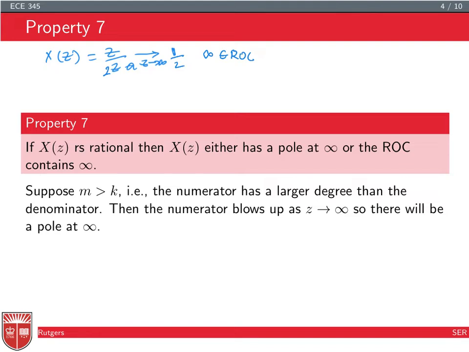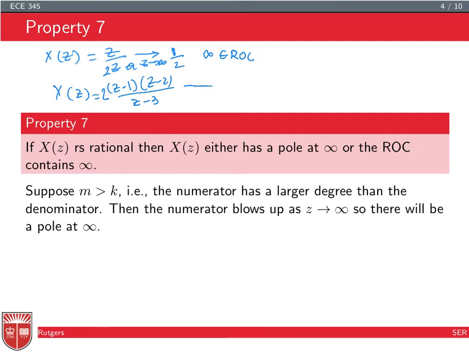Take another example: X(z) equal to 2 times (z minus 1) divided by (z minus 2) times (z minus 3). Let's say we have a constant 2 here, just to make it look like a general example.